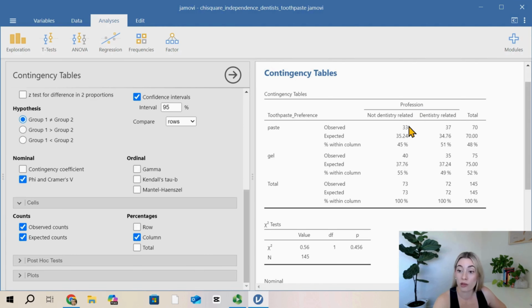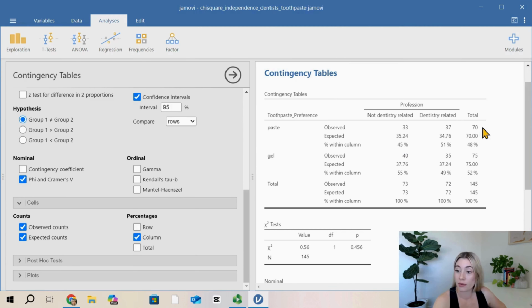We saw 33 people falling into this combination of levels within our dataset. Here for dentistry related and paste, that combination, we'd expect to see 34.76 if there was no relationship. In actual fact, we see 37. And that interpretation is the same for the remaining two combinations.